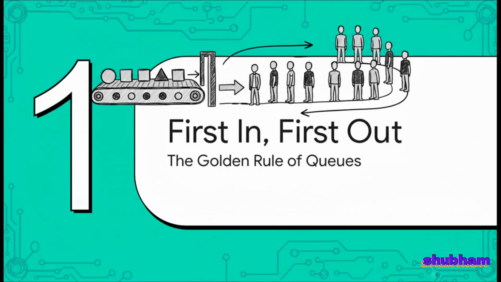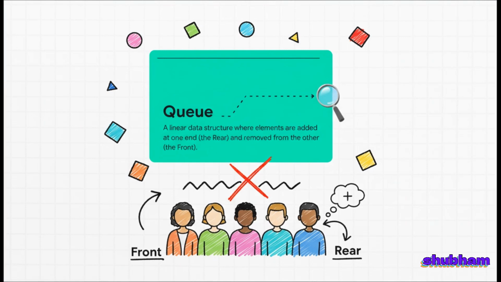Okay, so let's get right to the core of this. The entire idea of a queue is built on one simple, absolutely unbreakable rule. And honestly, it's the key to understanding everything else. A queue is basically just a list. New things get added to one end, which we call the rear, and things get taken off from the other end, which we call the front. And here's the kicker.